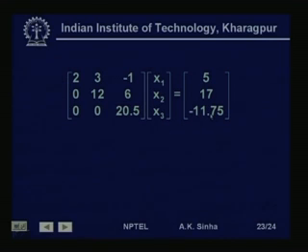So, x 3 is equal to minus 11.75 divided by 20.5. Once we know the value of x 3, then from this equation we have 12 x 2 plus 6 x 3, where we can substitute the value of x 3, is equal to 17. So, that can be brought to this side, then we have 12 x 2. Divide this side by 12, and you will get the value of x 2.